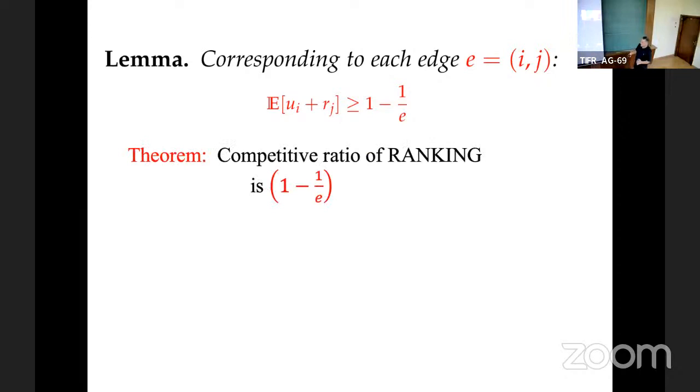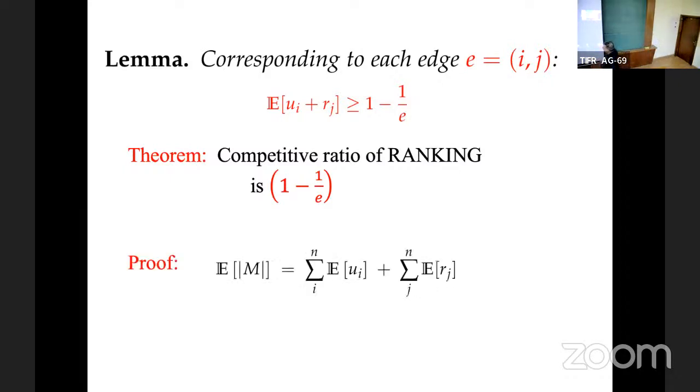Let's just complete that part because it's just 2 more lines. So then we can get that the competitive ratio of ranking is indeed 1 minus 1 over e. Why? Because I'm carrying over the last claim that the expected size of the matching is the sum of the expectations of the revenues and the utilities.